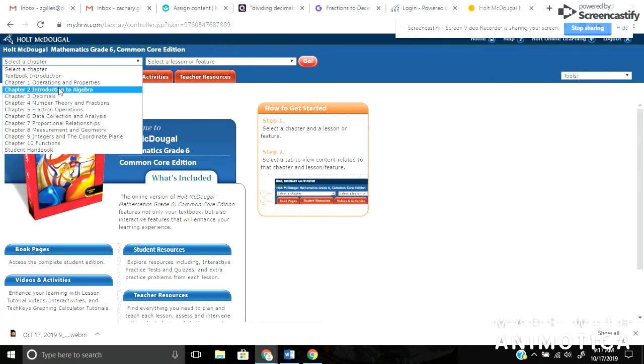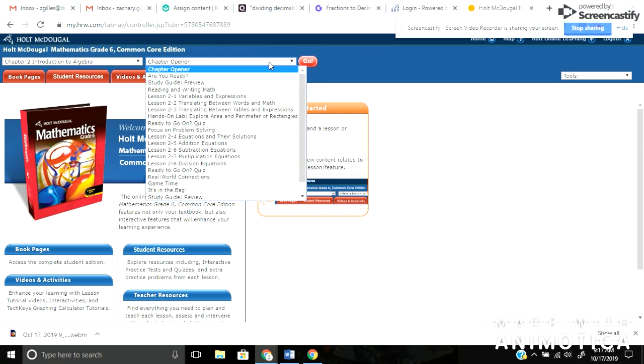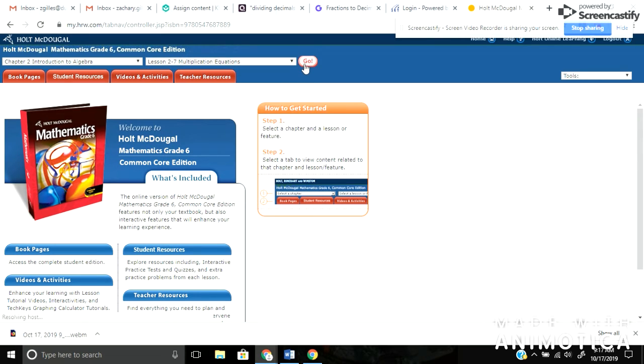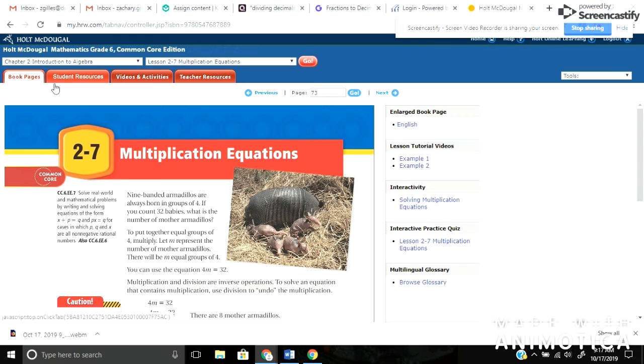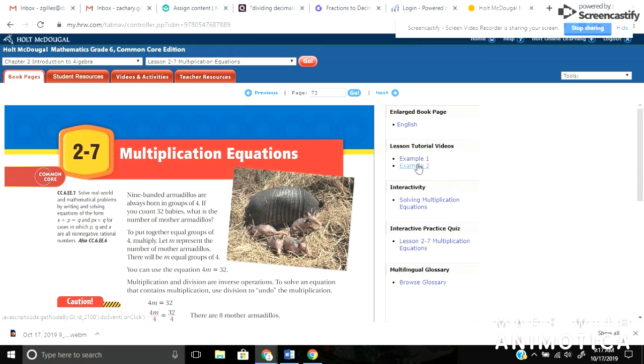Click chapter 2 and let's go to 2.7 multiplication equations. And if I go to the book pages, okay, here's what the book pages look like. Here are these 2 example tutorials. I'd like for you to click on those, watch them, and also take notes on them and add them to this note sheet that you've already made.